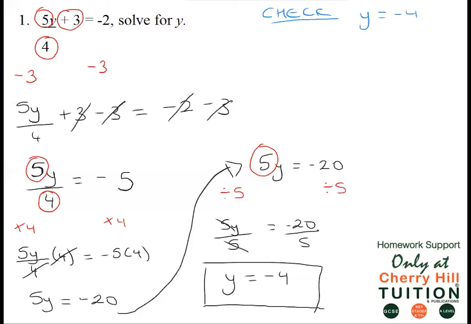Our equation is 5y, and y is minus 4, over 4 plus 3 is equal to minus 2. Now the 4 and the 4 cancel out on the left-hand side, leaving us with minus 5. Then we have plus 3, and this should be equal to minus 2, which it is. Therefore, we know that our answer is correct.